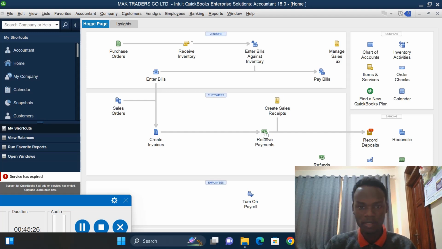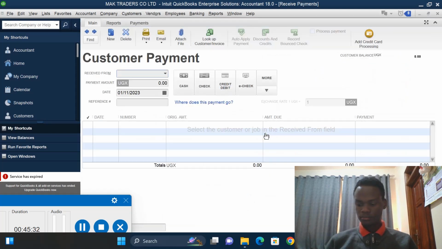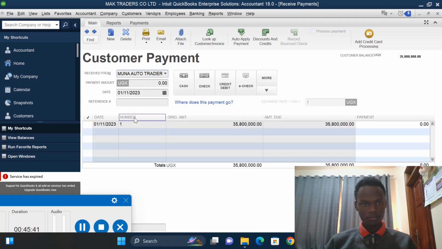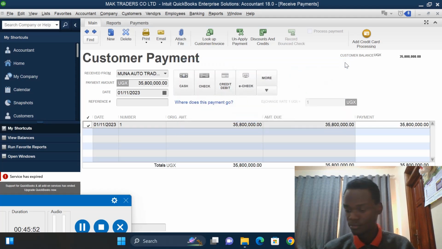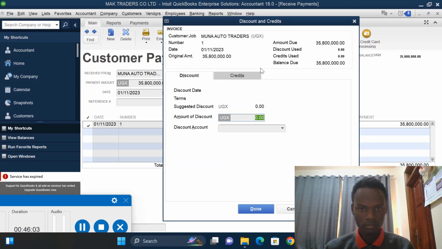So then we go to receive payments. We're going to receive from Munene. Yes, the amount we take it. We give him a discount.